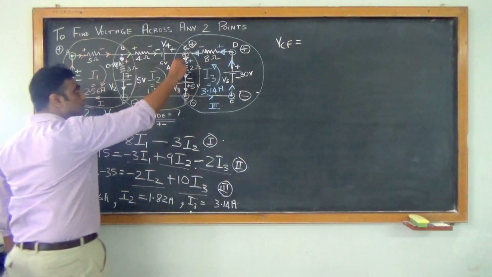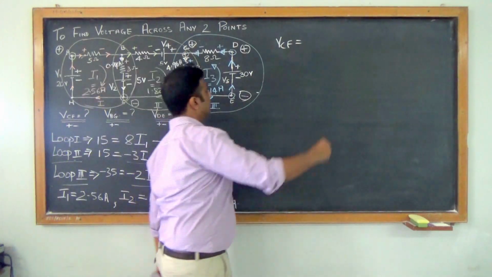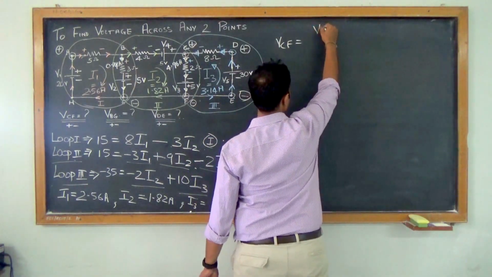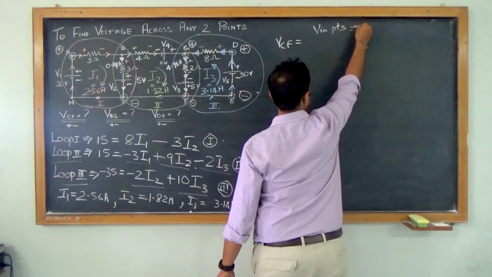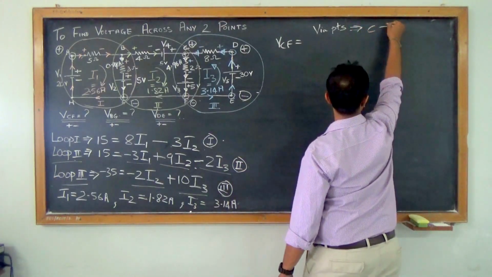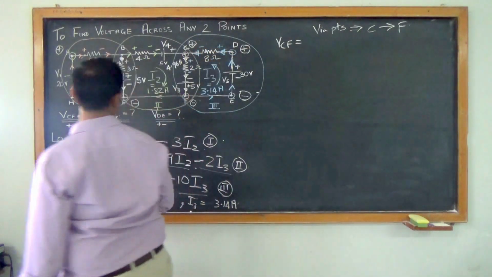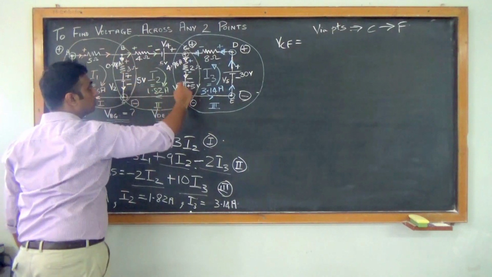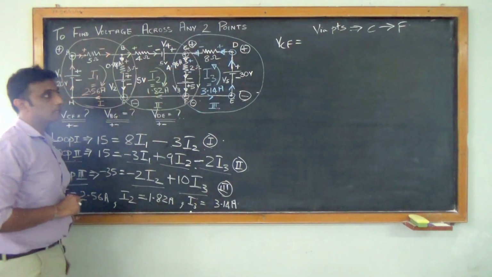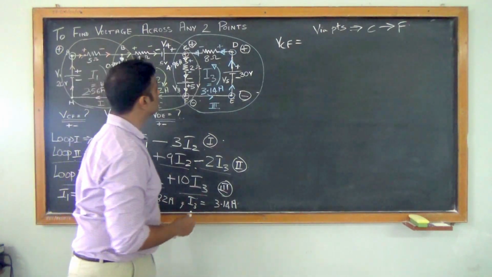So let's take the shortest route, which is via points C to F directly. So you are going to avoid all your tedious calculations by shortening your steps. So across points C to F.